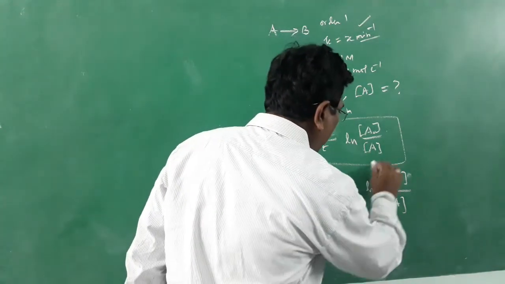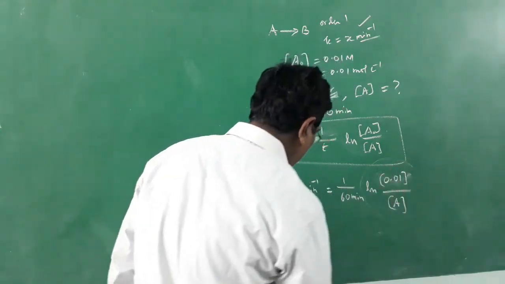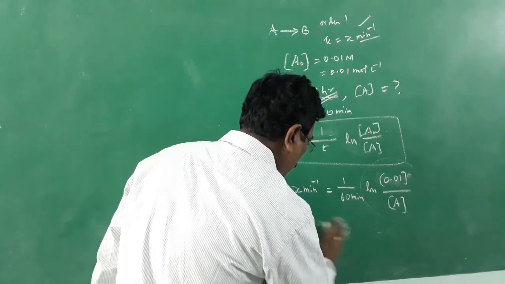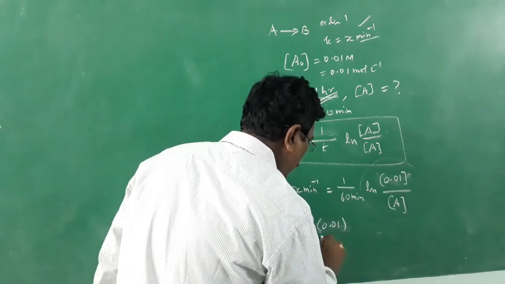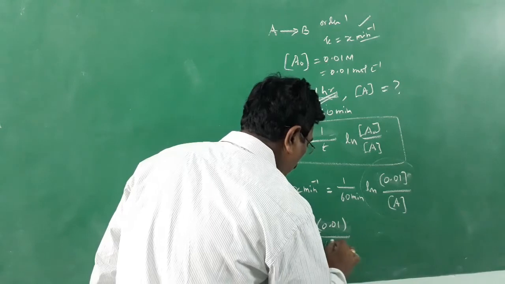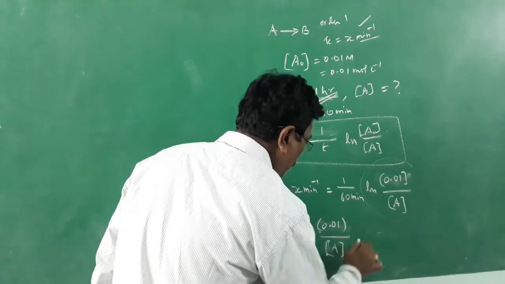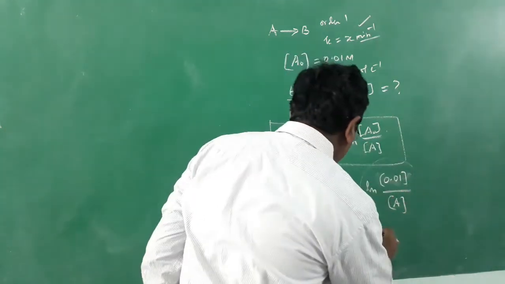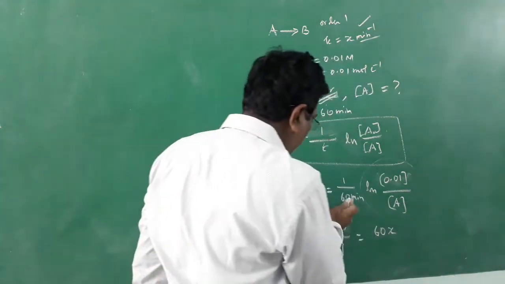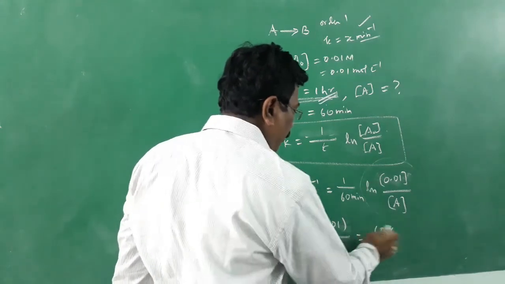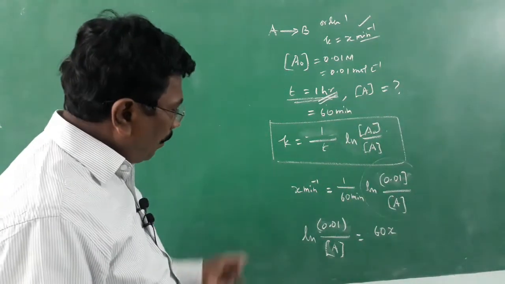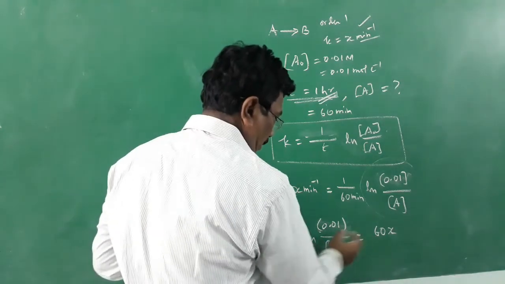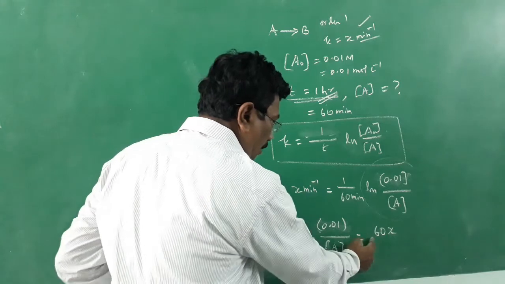I have kept this as such and moved this here. 60 minute into x minute inverse gets cancelled, therefore 60x only. Upon taking anti-logarithm on both sides, since it is natural logarithm, it will become e power something.